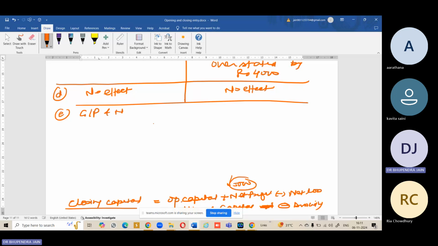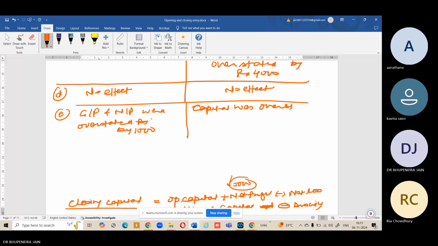GP and NP overstated by rupees 1,000. If your profit increases, definitely your capital was overstated by rupees 1,000.